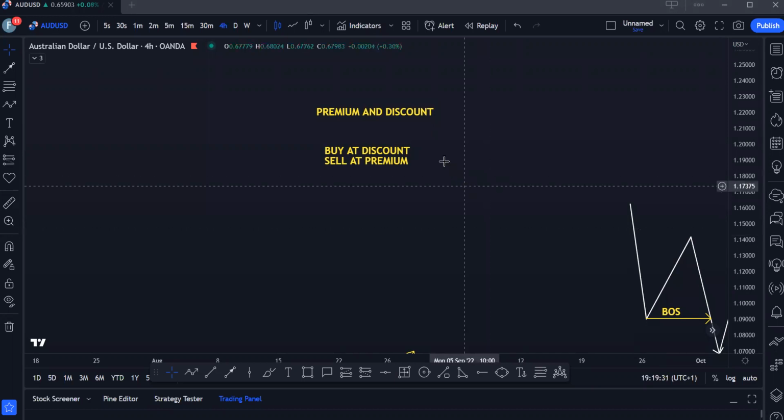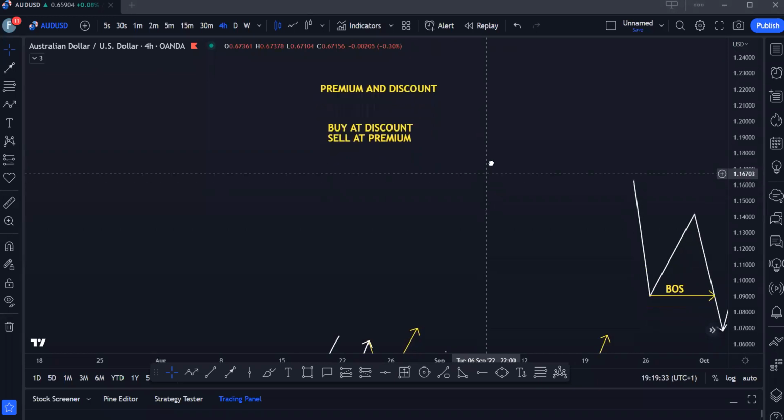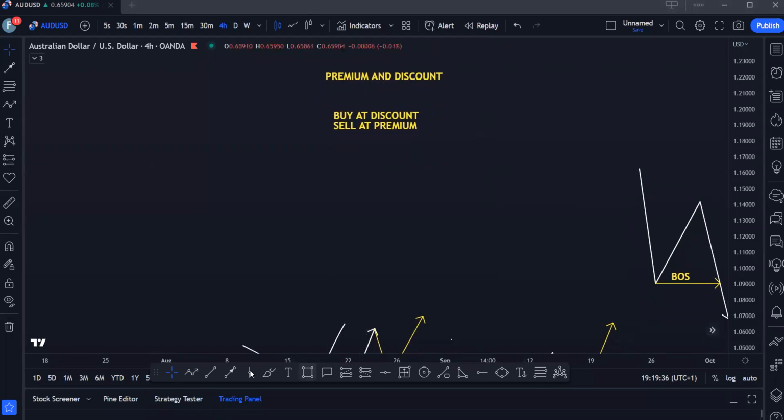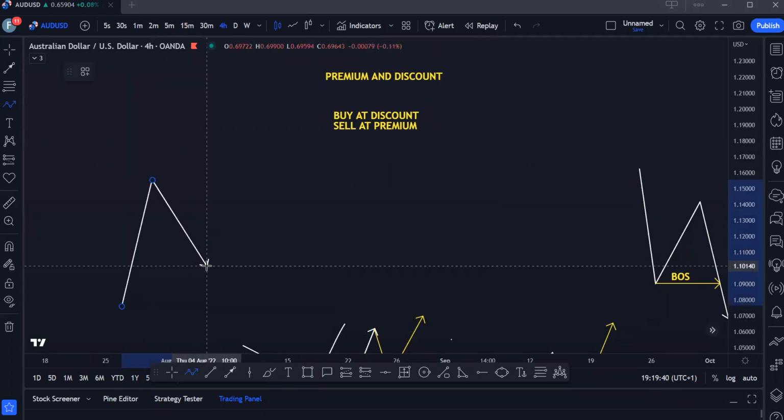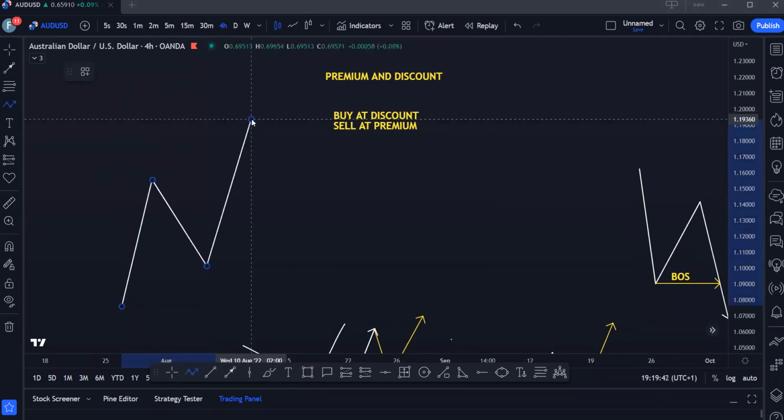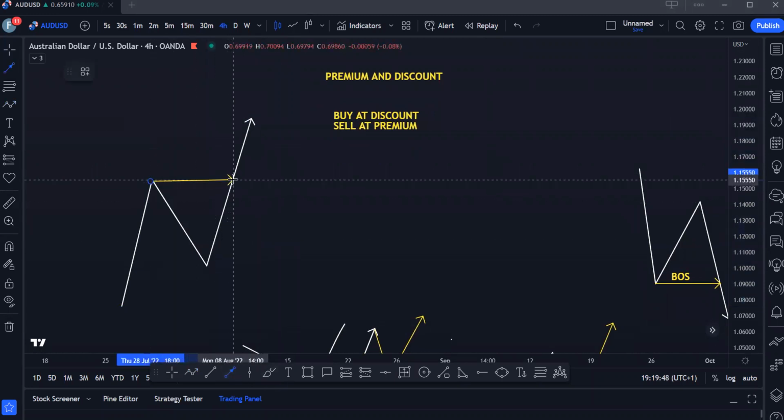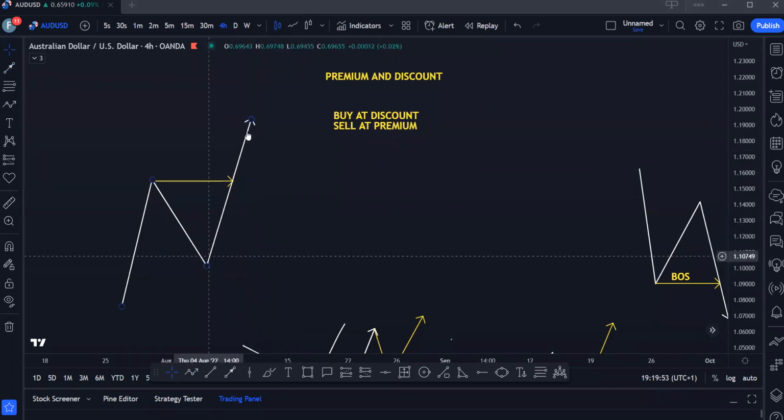But here's what we want to know very quickly. When we talk about premium and discounts, let me give an example here. This is a bullish environment, and this is your break of structure. In a bullish environment, it makes sense to wait for price to correct into a higher low before we look for buys.